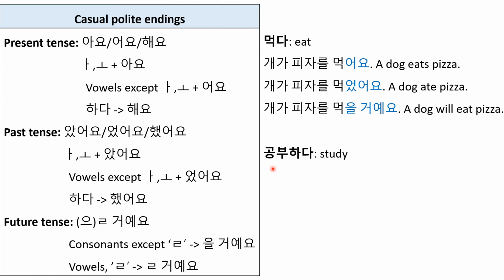Let's try another verb. 공부하다 means study. What would be the casual polite present tense ending for the 공부하다? Casual polite present tense verb endings are 아요, 어요, 해요.